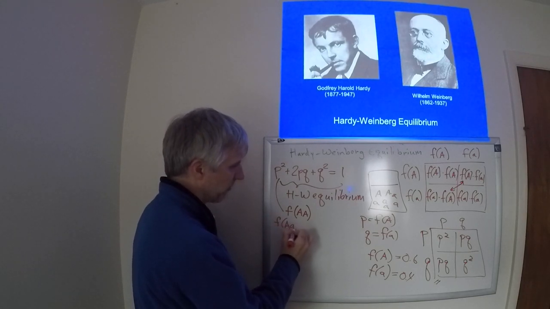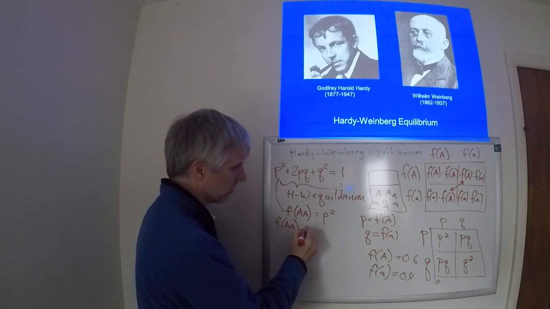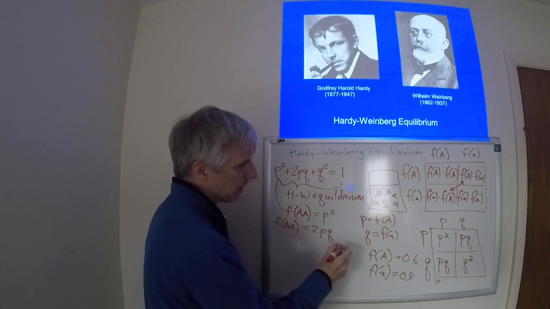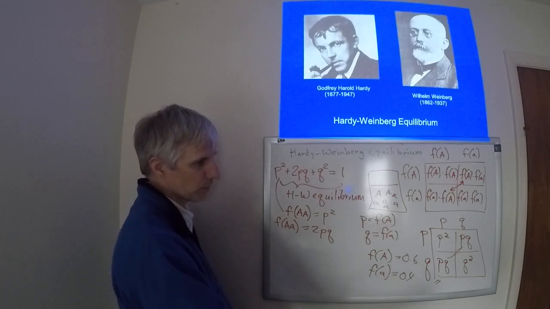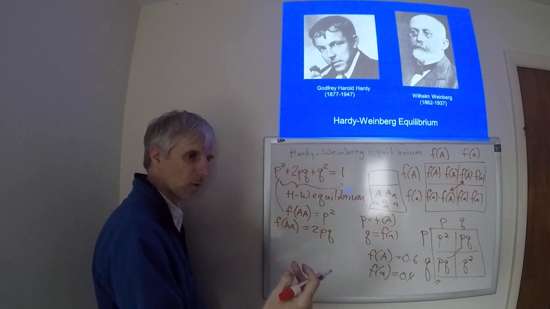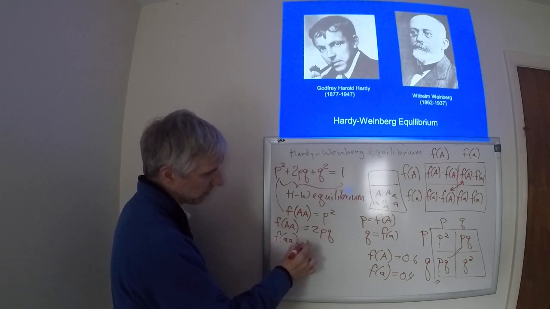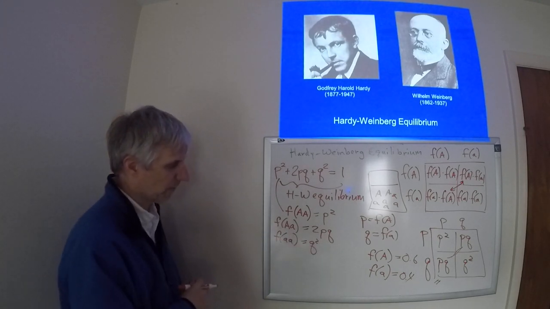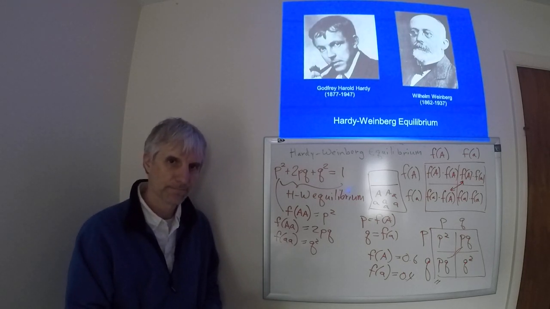The expected frequency of the heterozygote is equal to 2PQ because there are two ways to get it. Either you draw a big A and then a little a, or a little a followed by a big A. And then finally, the expected frequency of the homozygous recessive would be given by Q squared.